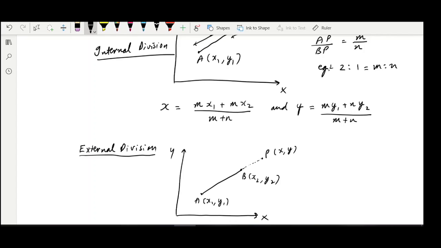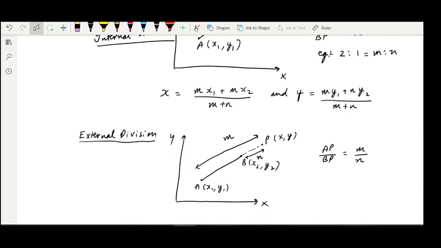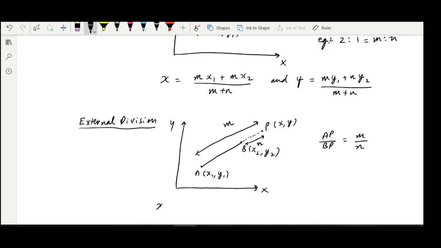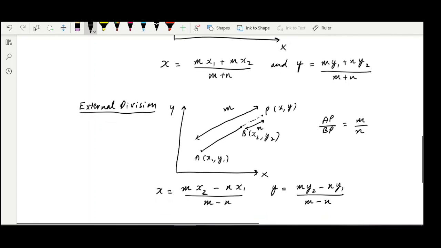Now this divides the line in the ratio AP by BP equal to m by n. This is known as external division. The coordinates will be given as x equals (m x2 minus n x1) by (m minus n). Y will be given as (m y2 minus n y1) by (m minus n). So this is the section formula. Let me summarize it as follows.